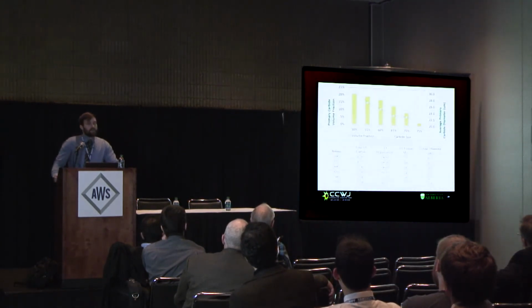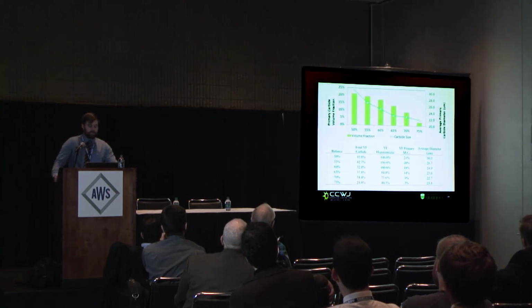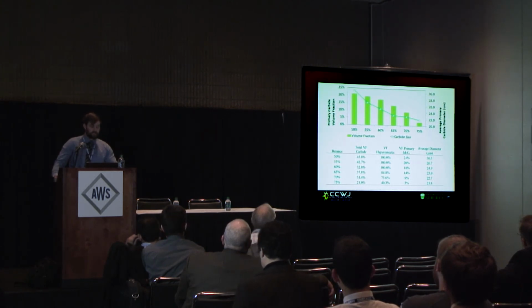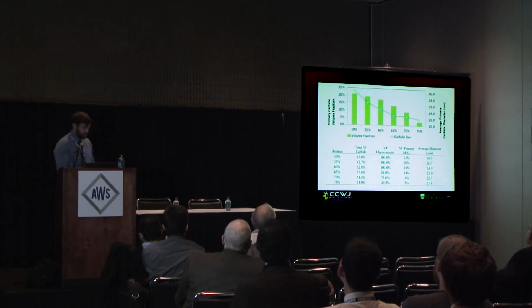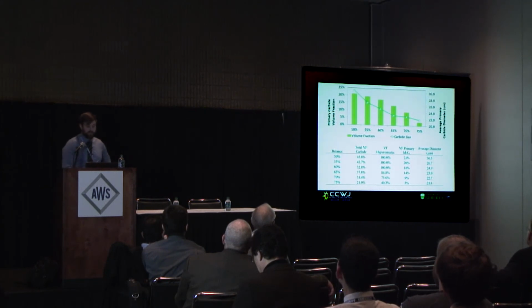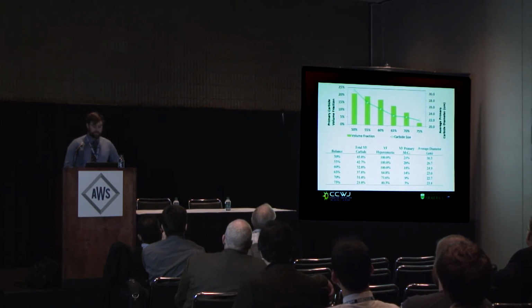So when we plot that all out and get the actual size of the carbides and the volume fraction, we can see just how much it actually changes. We're going from 3% volume fraction of the primary carbides all the way to 21%.